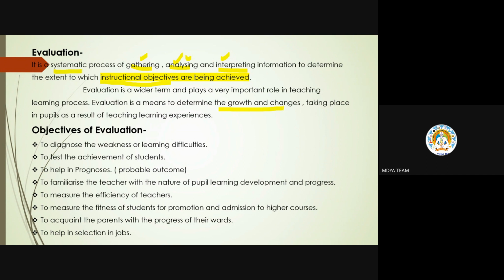And I have told you there is no teaching without learning. If no one is learning and you are teaching, it will not count as teaching. If you are teaching, there must be some learning happening in the students. And if the evaluation process is not there, we cannot determine whether the learning is happening or not.